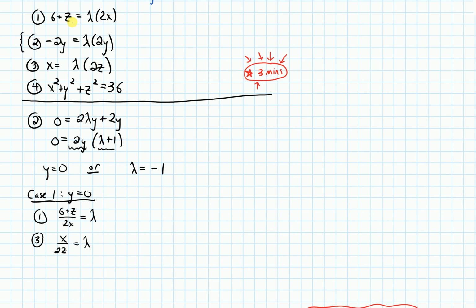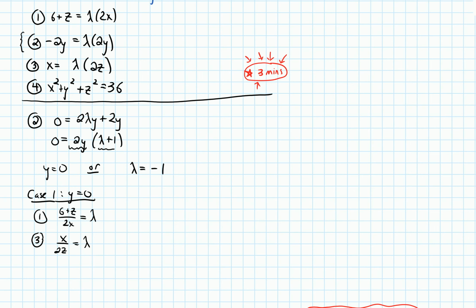So how come here it was okay to divide by a variable? Well, here, when I divided by a variable like 2x or 2z, I didn't get cancellation happening. So I didn't cancel away an answer. That's the difference between what I did above and what I did below. If I were to plug 0 into equation 2, it wouldn't really help me because I just get 0 equals 0.